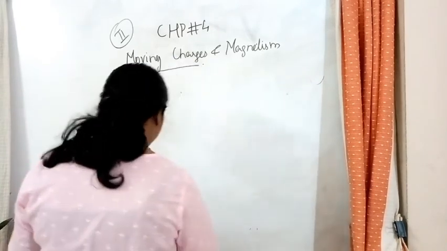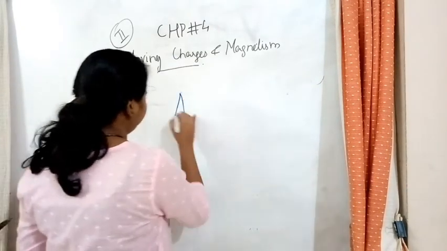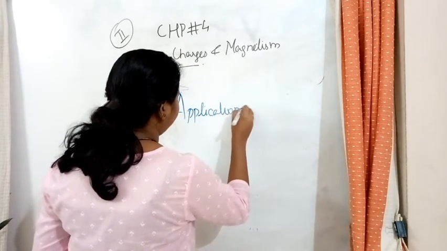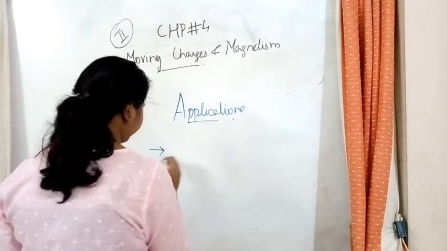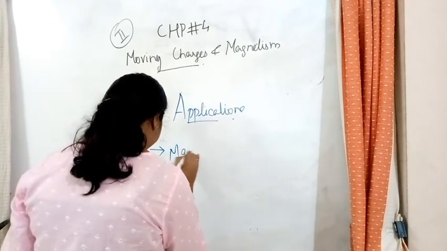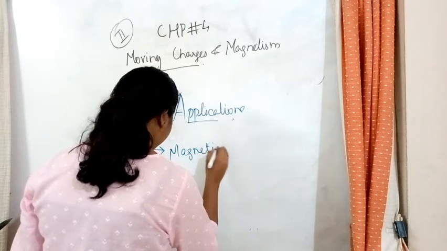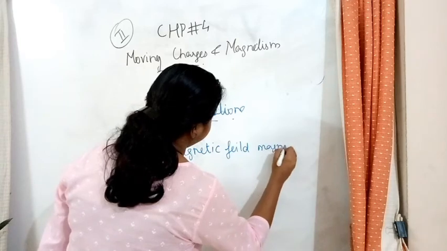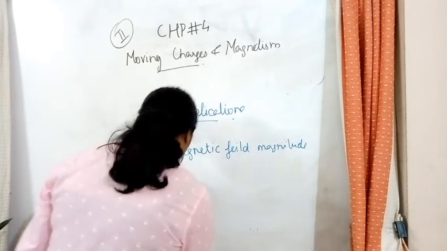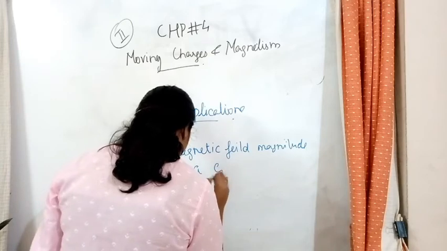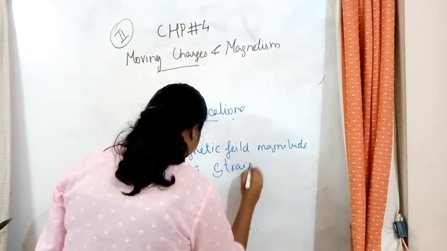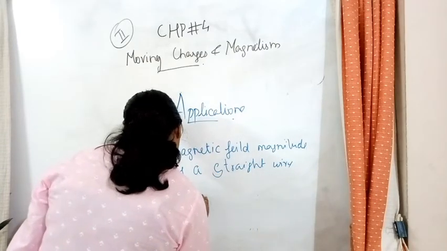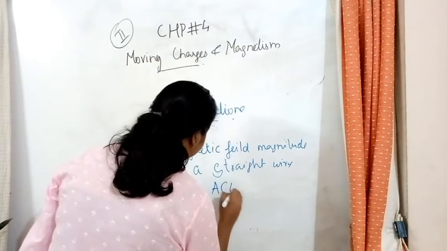Ampere circuital law applications. The first application that we have to learn is the magnetic field magnitude of a straight wire using Ampere's circuital law.